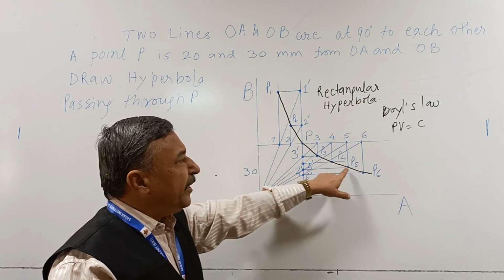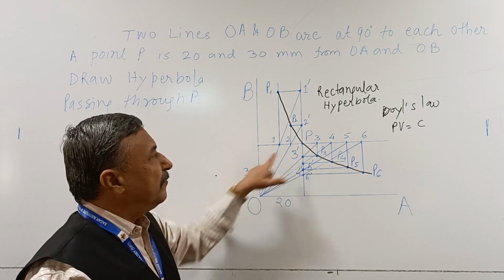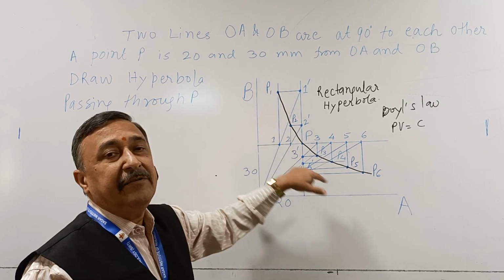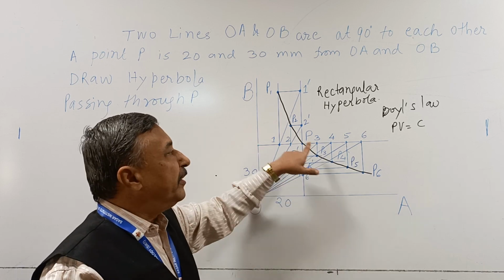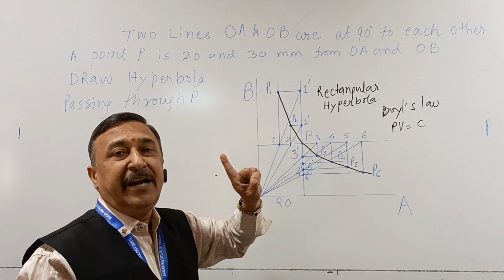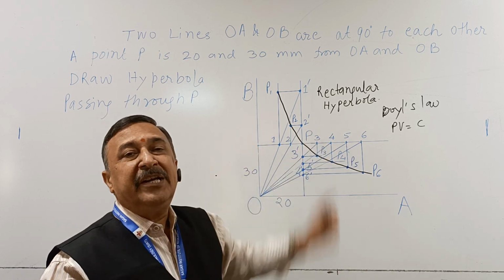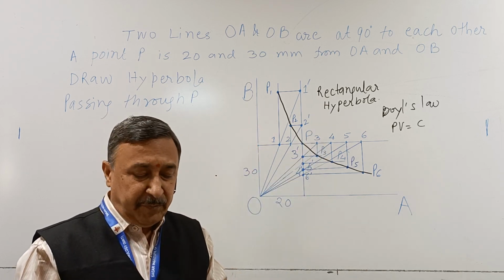At any point you can find pressure and volume, if you know only one point, one pressure and one volume. So this is the practical application of the rectangular hyperbola.